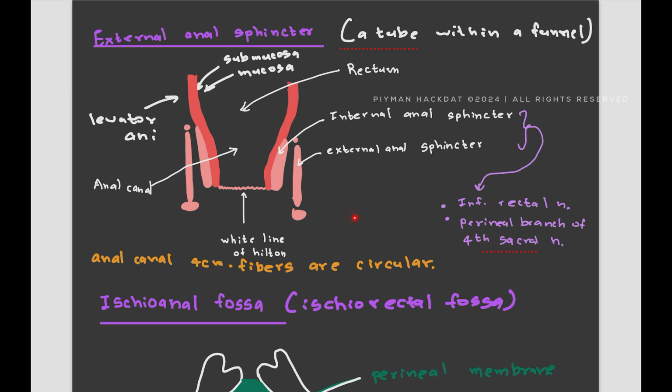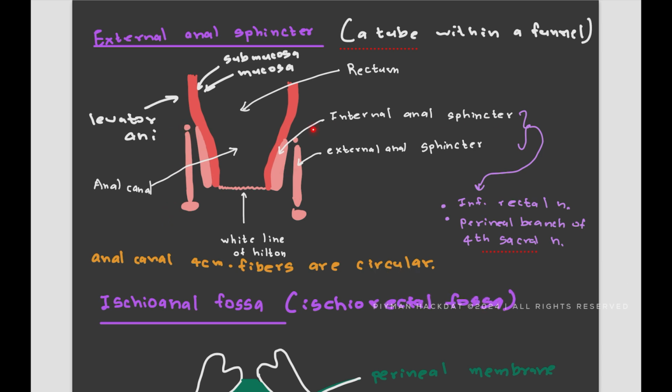So here I have drawn a diagram of the anal sphincters. Here you can see this is the rectum, and from here to here it is the anal canal.